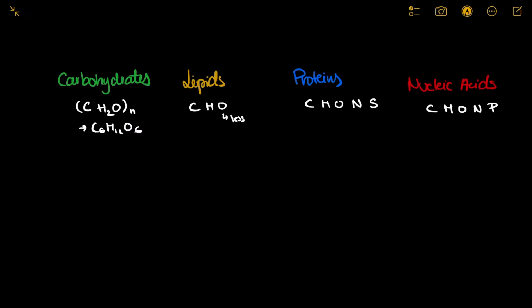So for carbohydrates, the monomers, I'll write that on the side. Monomers. So the building blocks of carbohydrates are called monosaccharides. Again, we have the word mono, which stands for 1, and saccharides means sugars. In simple words, they're also called simple sugars.